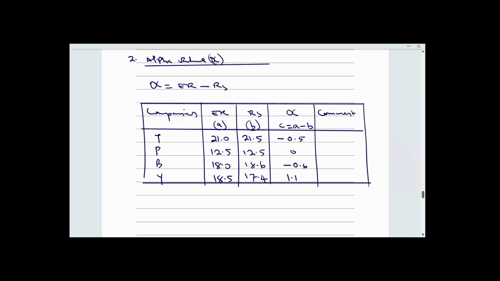Like I said, if it is positive, that means it is undervalued. You can call it undervalued or underpriced. If it is negative, it is overvalued. If it is 0, that means it is fairly priced. You can say it is fairly, rightly, or properly priced, properly valued. Then this one is overvalued.